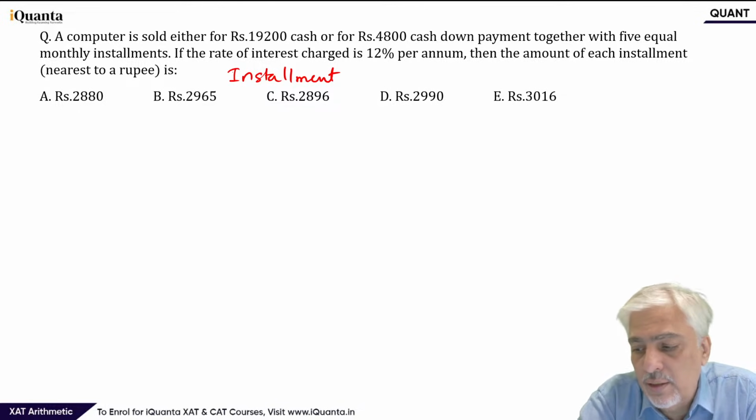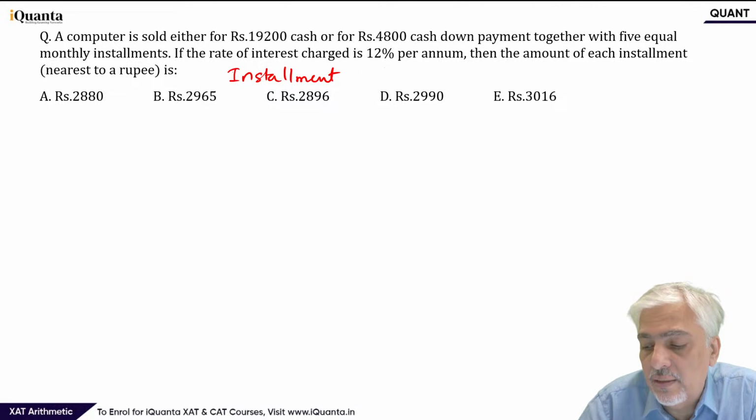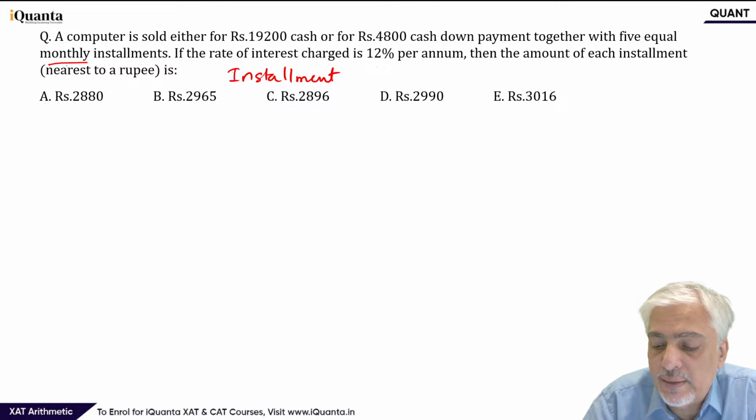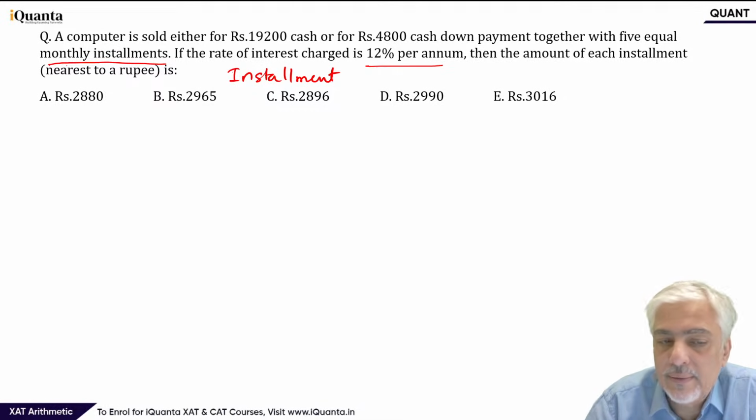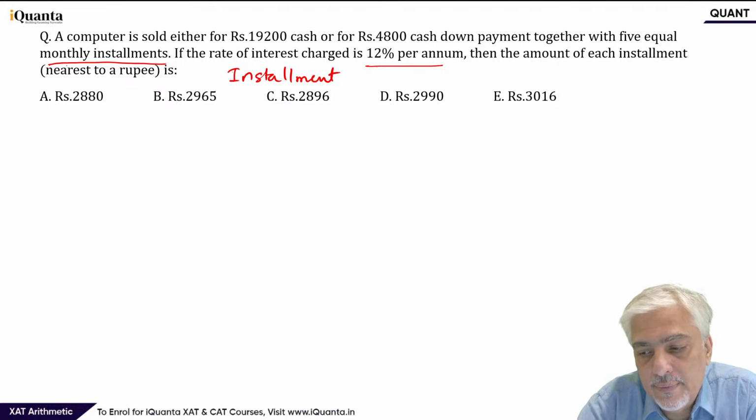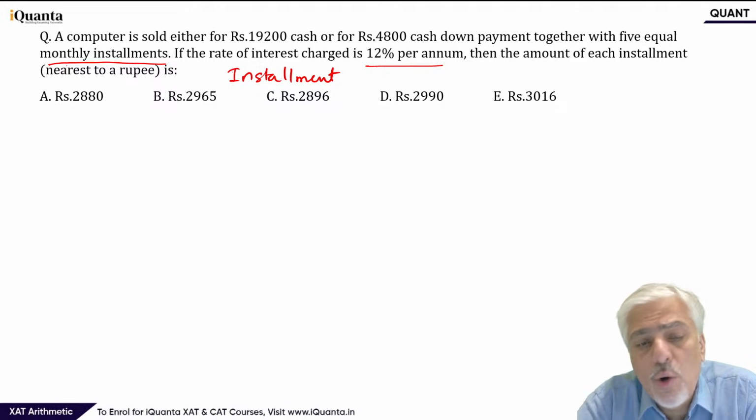How will 12 come? 12% is for the whole year, and these are monthly installments. A is wrong. A can't be the answer at all.